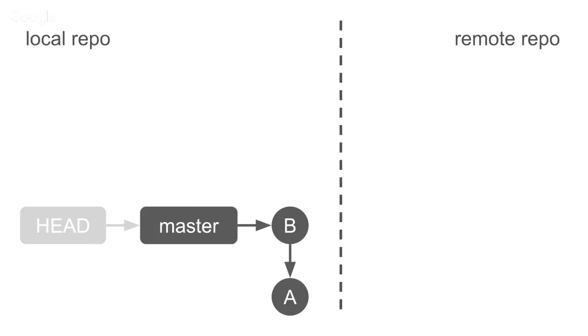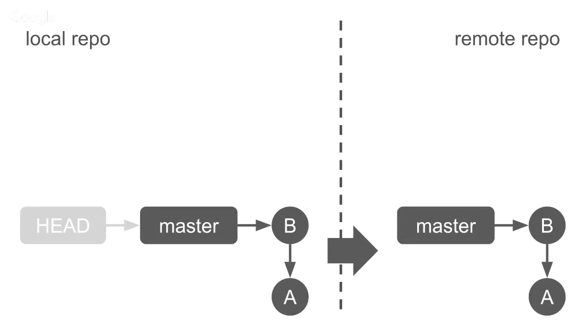All right, let's see what is happening when we run the command. So right now in the local repo, we've got master pointing to commit B and commit A, and git push just replicates this to the remote repo.